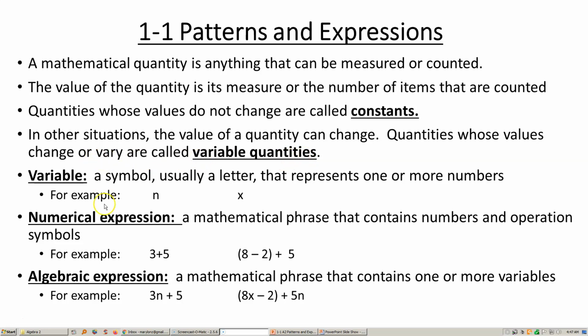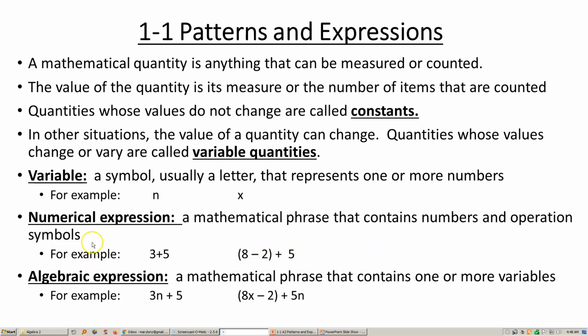Variables are a symbol, usually a letter, that represents one or more numbers. For example, we have n and x. A numerical expression is a mathematical phrase that contains numbers and operation symbols. It's just numbers, 3 plus 5. The difference between 8 and 2 and 5.